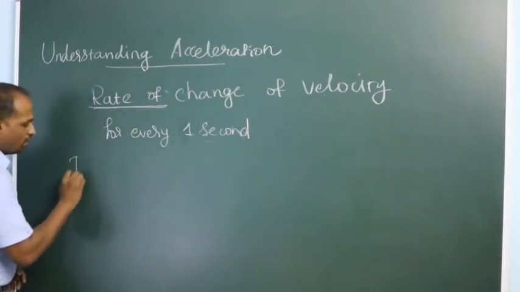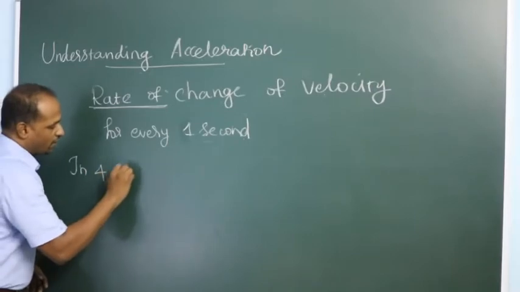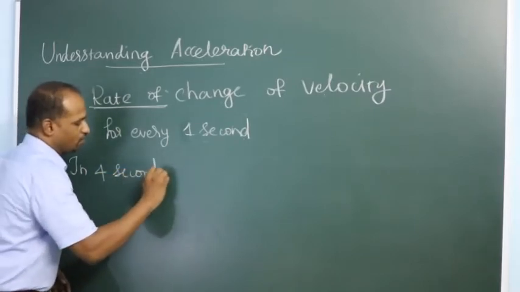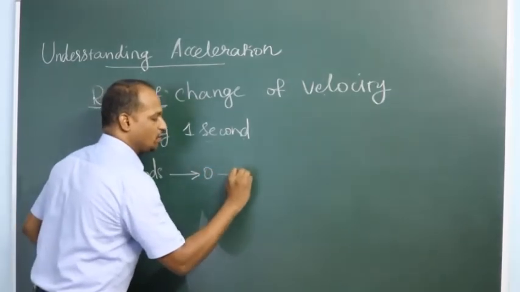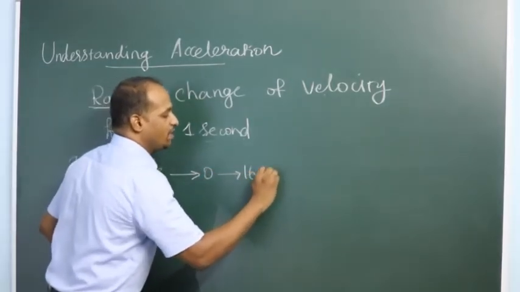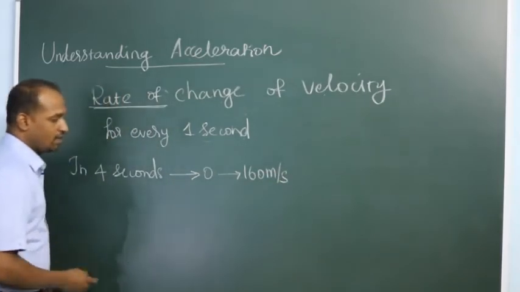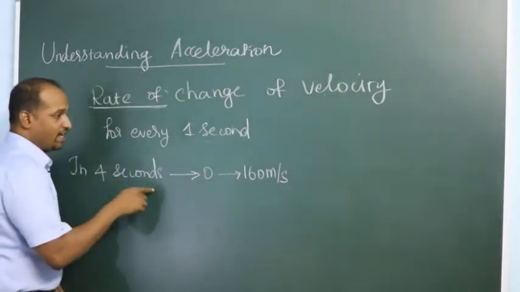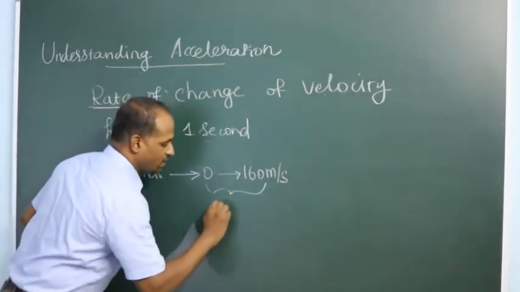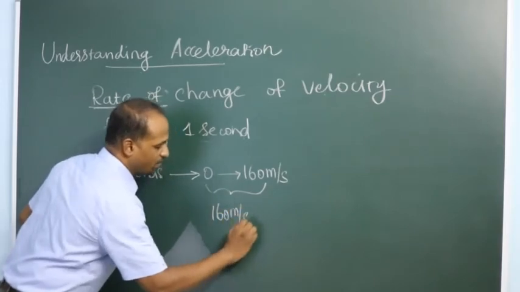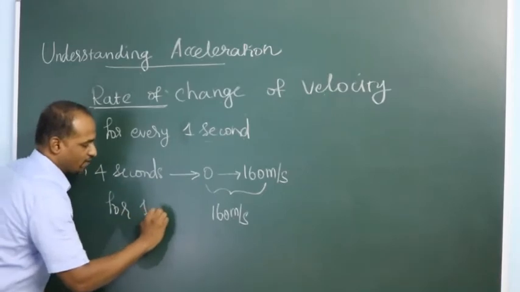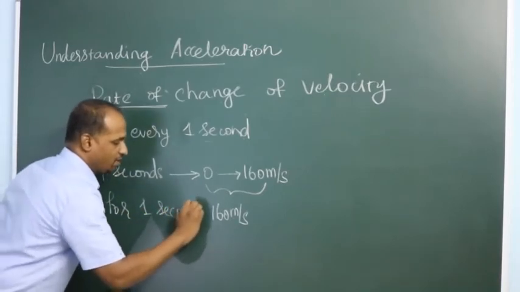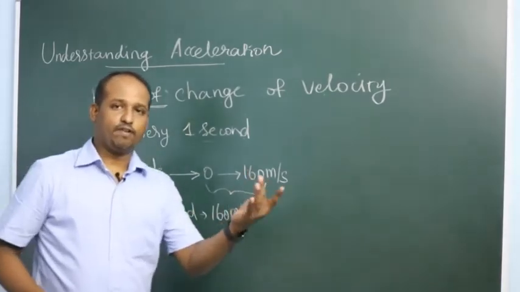So in 4 seconds, the speed goes from 0 meter per second to 160 meter per second. If for 4 seconds this change in velocity is 160 meter per second, then for 1 second, how much would it have changed? Each second 40, 40, 40, 40, 160.